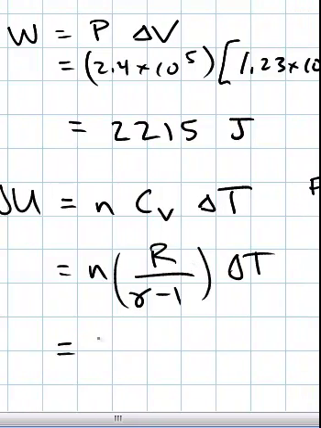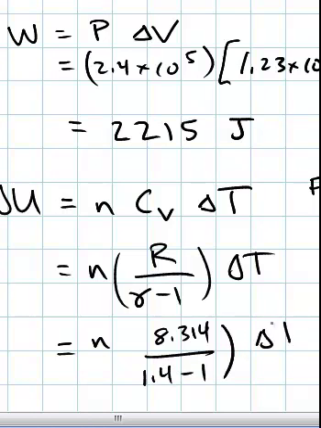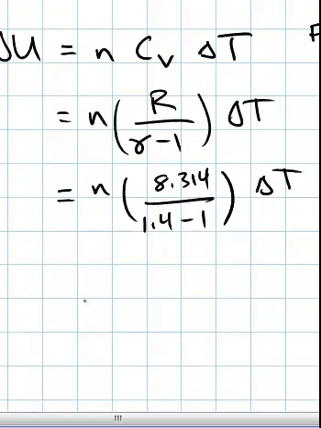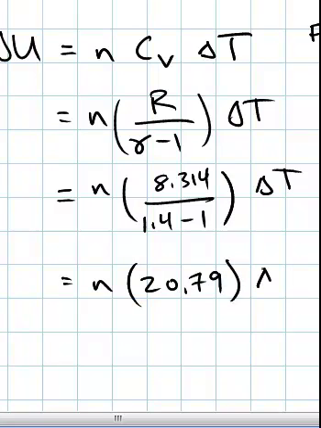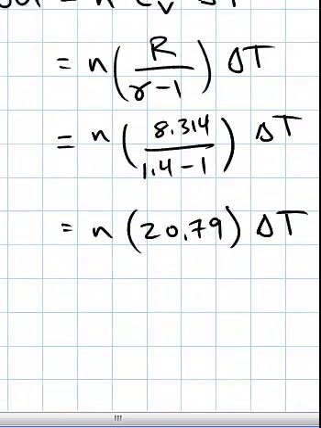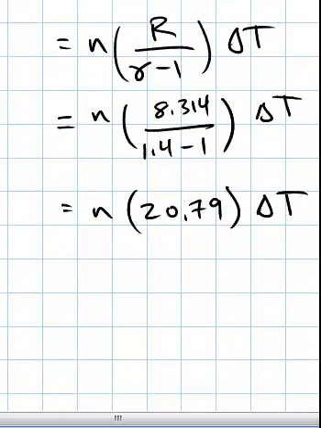So when I plug those in, I get N times 8.314 over 1.4 minus 1, and I get 20.79 delta T. So now I can use this equation for delta U, and it only depends on the temperature, and I can plug in my numbers.